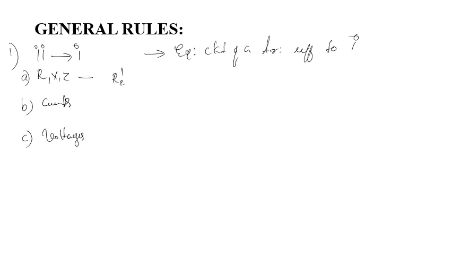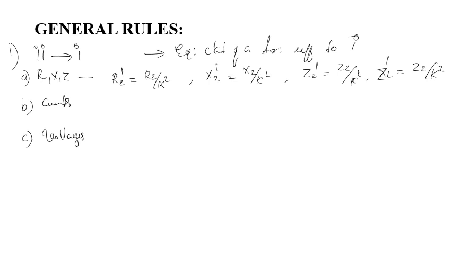So R2 dash will be equal to R2 divided by k square, and similarly X2 dash will be equal to X2 divided by k square, and Z2 dash will be equal to Z2 divided by k square, and load impedance ZL dash will be equal to ZL divided by k square. We have to remember these rules, these equations, which are essential to solve the problems during the exams.